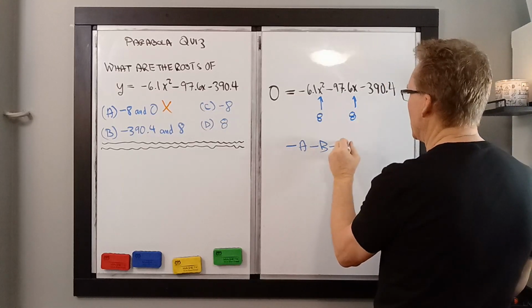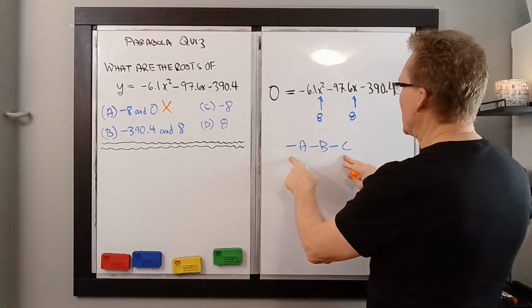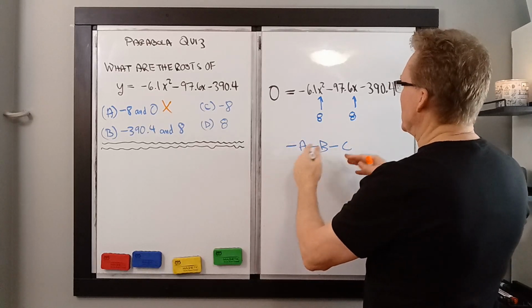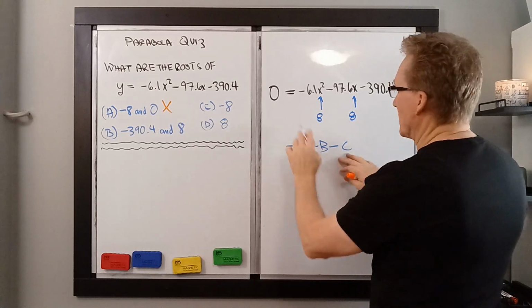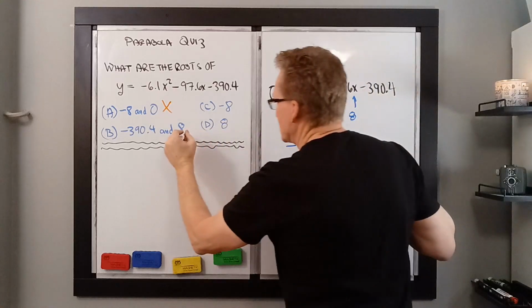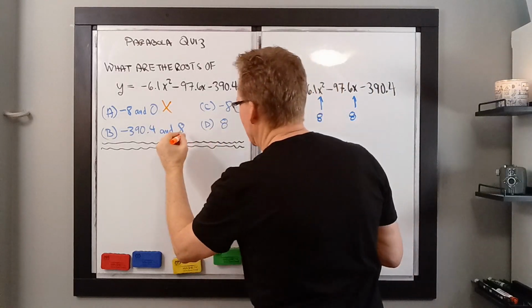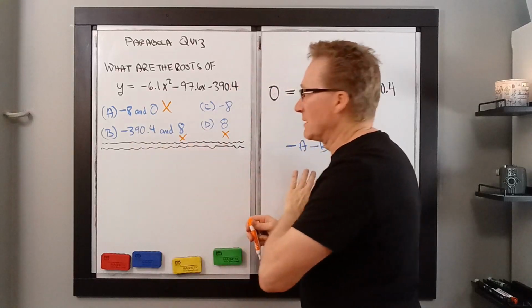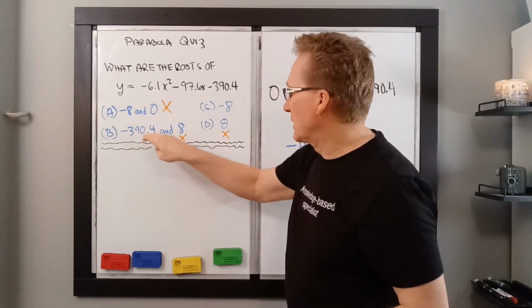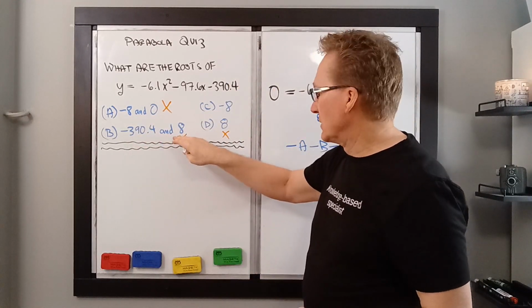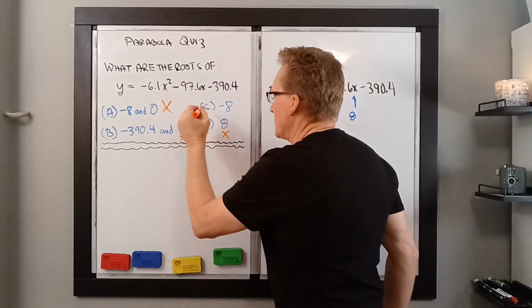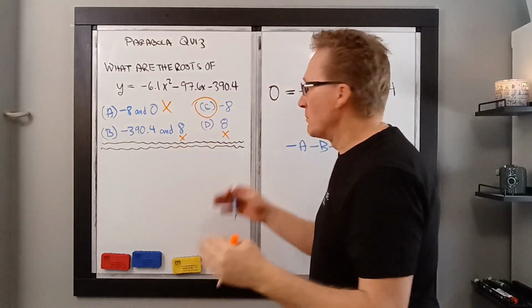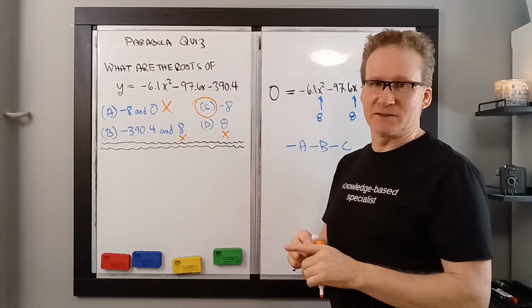This over here is already a negative number. These are all negative numbers, none of them are 0, so this is going to be a big negative number, which cannot be equal to 0. So this value over here is a no-no. This value over here is a no-no. We don't know about that one, but we don't care because we're asked if it's this and this. We know it's not this, so we eliminate this. The only thing left is this one. You would mark that and move on to the next question.